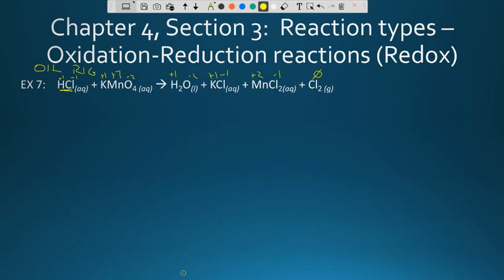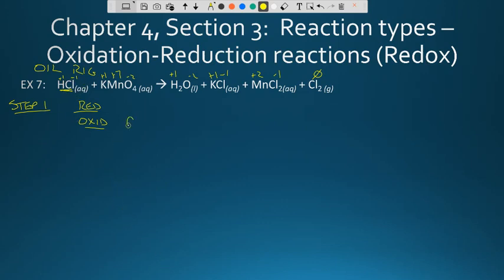Okay, so the question is, who's oxidized and who's reduced? Identify the redox. Let's just do the oxidation and reduction here. Who gained electrons? I see hydrogen was a +1, that never changed. My chlorine, a -1, never changed. However, notice that this chlorine changed: it lost that particular electron right here.